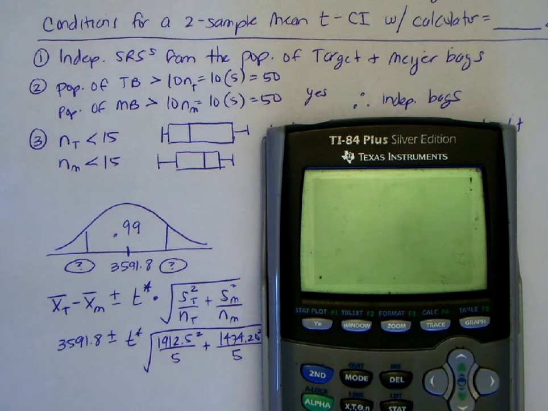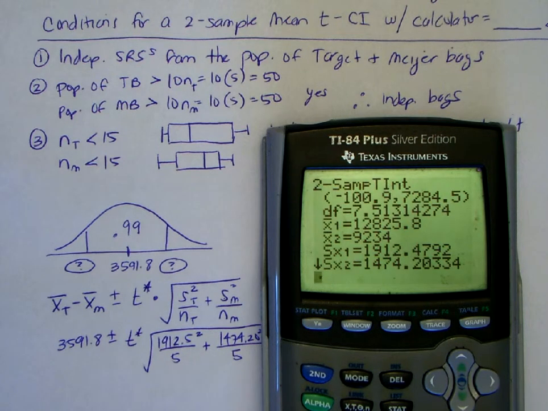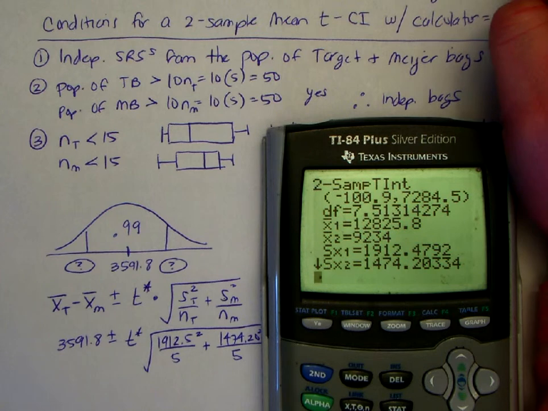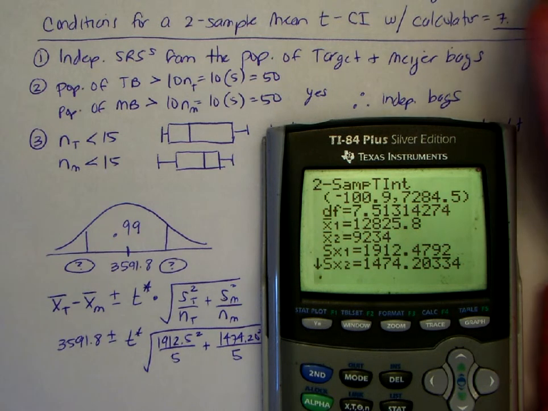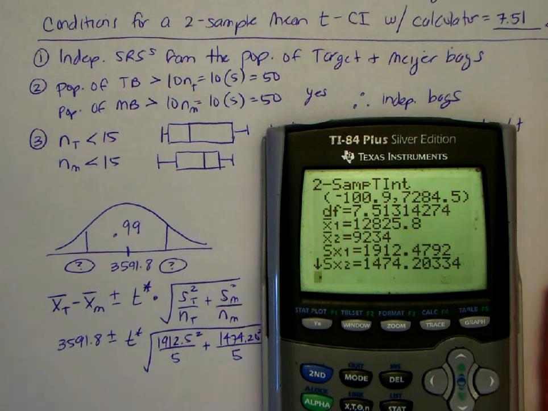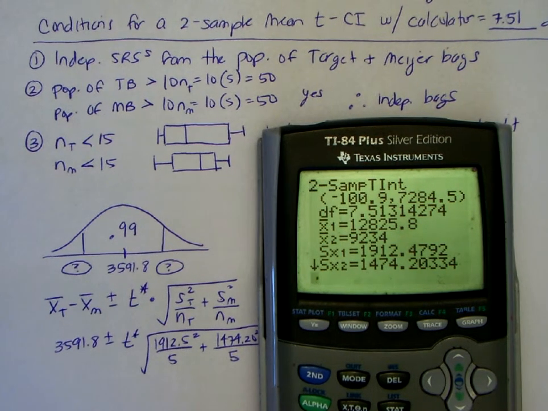And this is the interval. Again, we've got our degrees of freedom, so come on up here and just copy that down, 7.51. So that goes up in the title. Don't forget to write down the calculator degrees of freedom. And then we'll copy down our confidence interval.